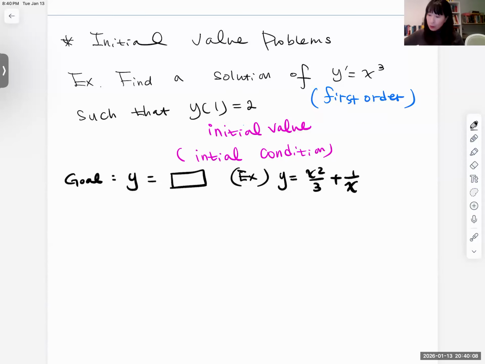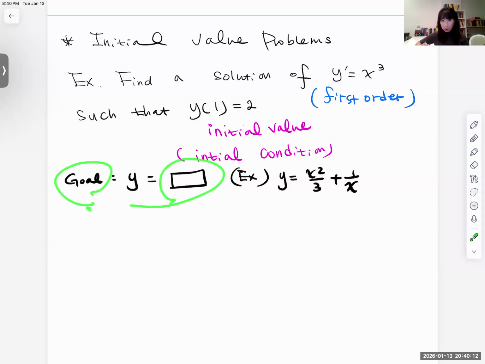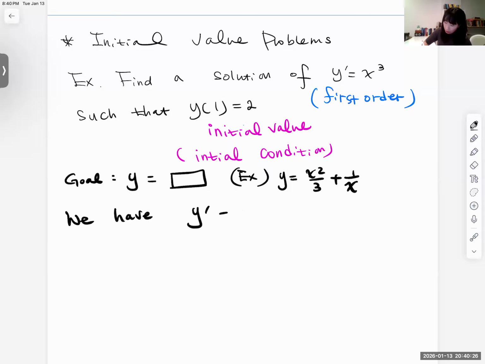Okay, so I wrote down the goal. It looks like that, right? So y equal to an equation like this example. Okay, so we have y prime equal to x to the third power. How do we find y from here?